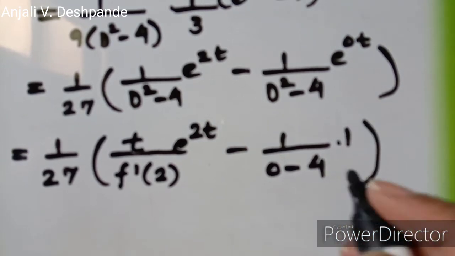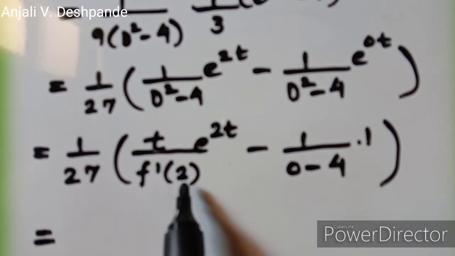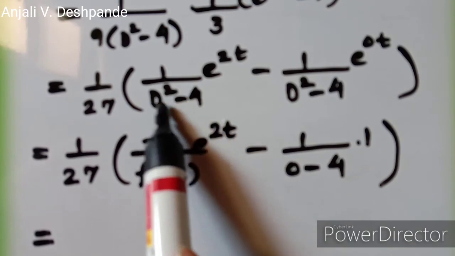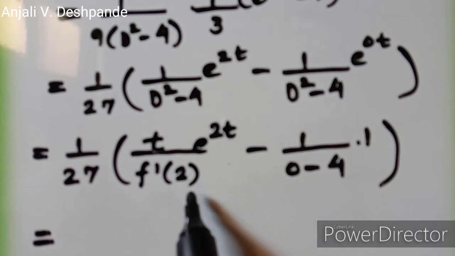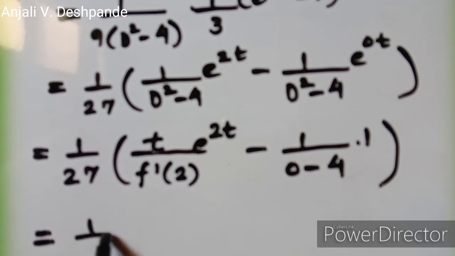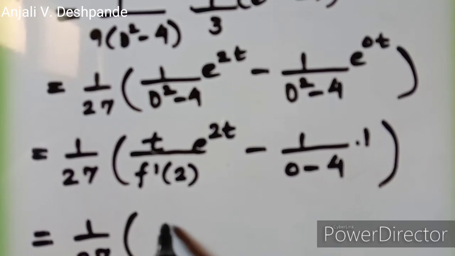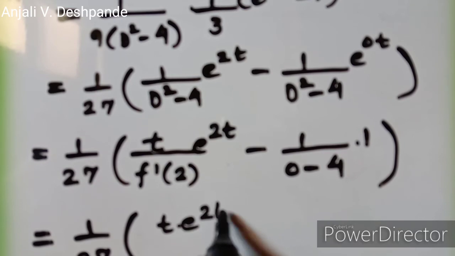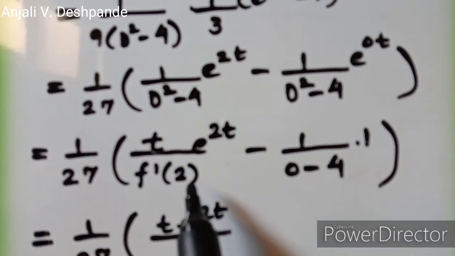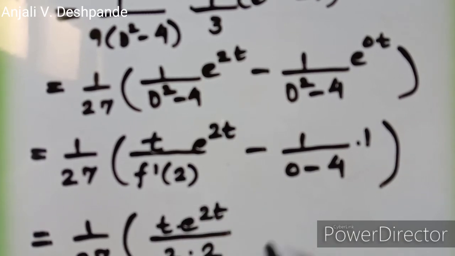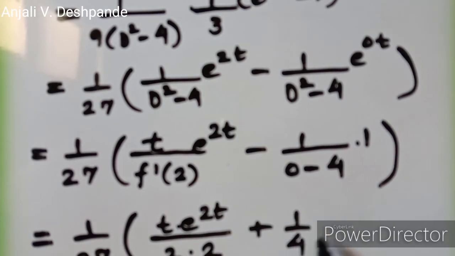So this is equal to, now f'(2) we are talking about. So first we will differentiate this. The derivative of this part is 2D. So f'(2) will be 2 into 2. So 1/27 into bracket t e^(2t) divided by 2 into 2, minus 1/(−4), so plus 1/4.